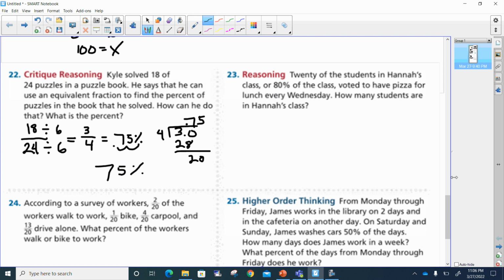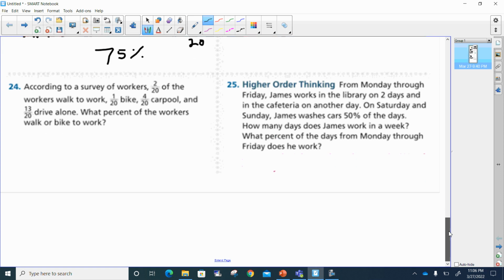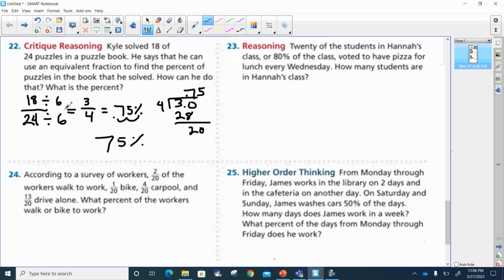All right, number 24 now says, according to a survey of workers, and you know what, I'm going to go back to this just for a second, because I did come up with an equivalent fraction, but if people wanted, could you use the cross multiplication? Of course you could. Let me demonstrate that really quick.